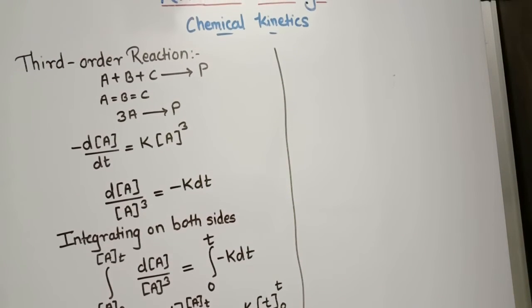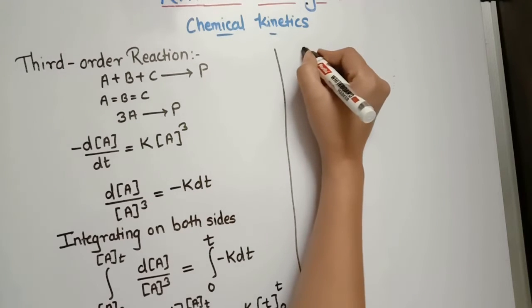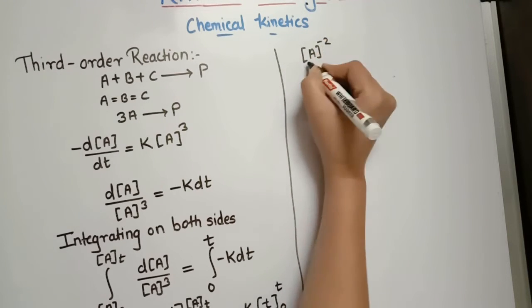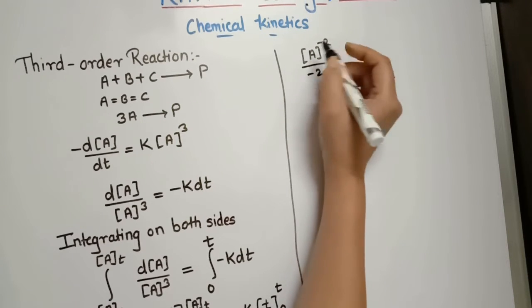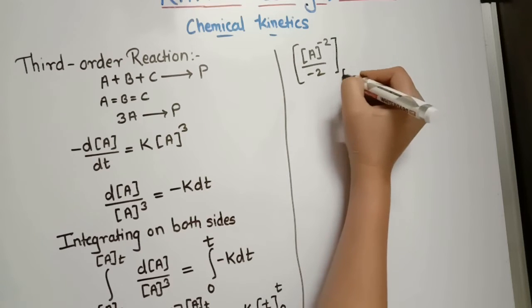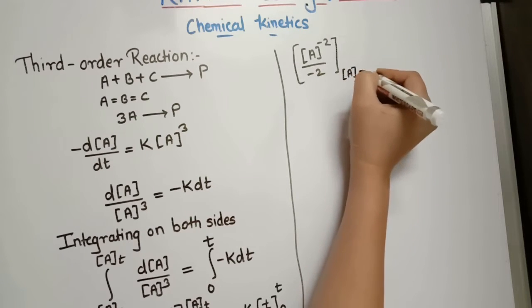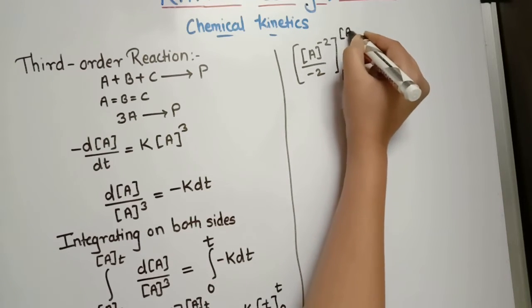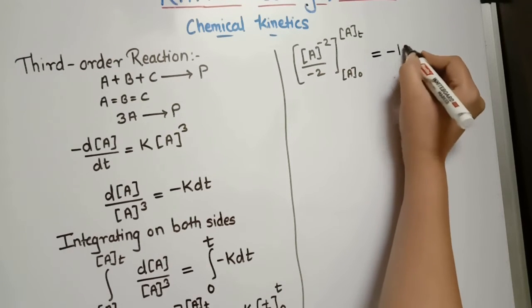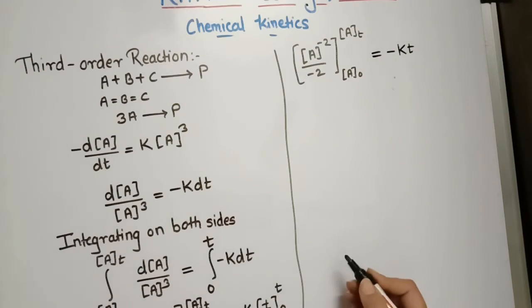Now solving further, A raised to minus 2 upon minus 2, the integration limits as it is, will be equal to minus kt.